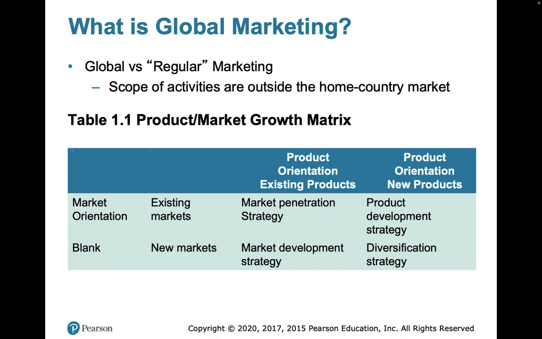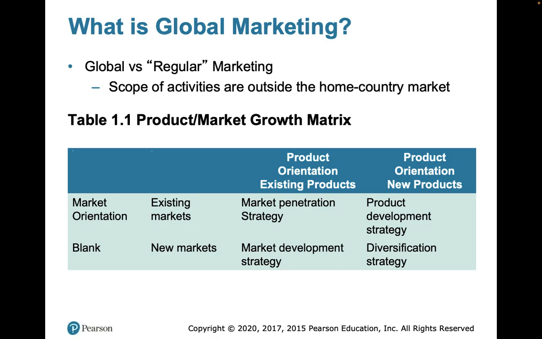For existing products, you could either use market penetration strategy or market development strategy. But for products that are new, not existing, they are new in the market, you could use product development strategy and diversification strategy.